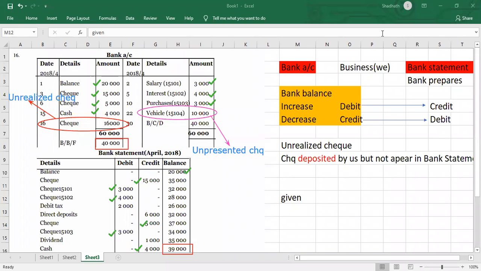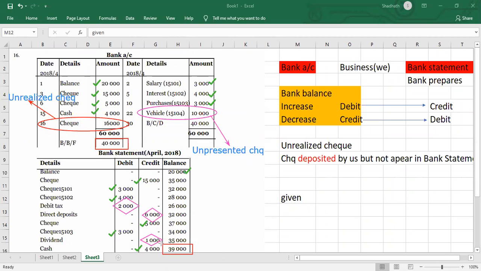Okay, in the bank statement, if you look, you can see there is a debit tax 2,000. We didn't tick. There is a direct deposit 6,000. We didn't tick. There is a dividend 1,000.